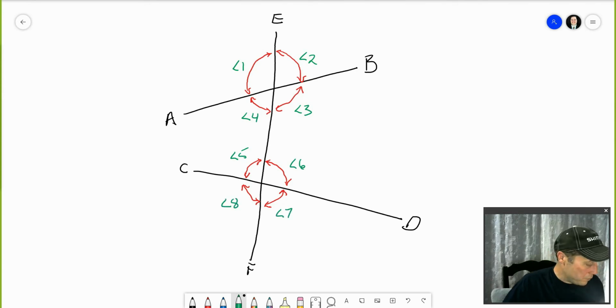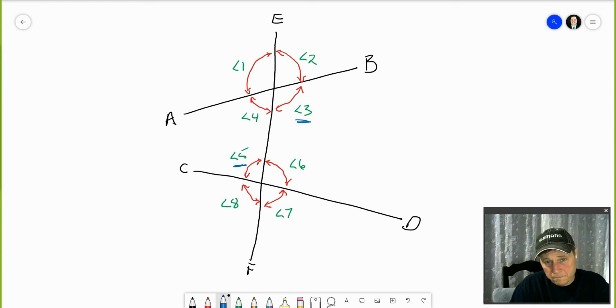So if you look at angles, let's say 3 and angle 5. Notice the definition again: alternate interior angles, pairs of interior angles on opposite sides of the transversal, and they have different vertices. So this angle right here, angle 3, is on the right side of the transversal.